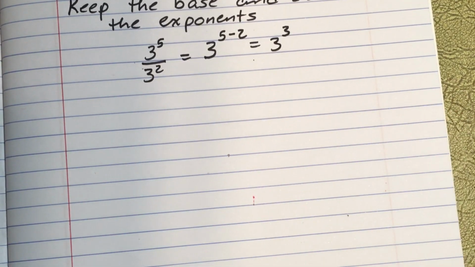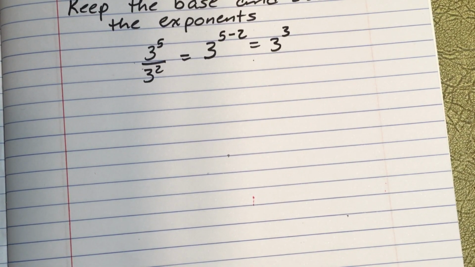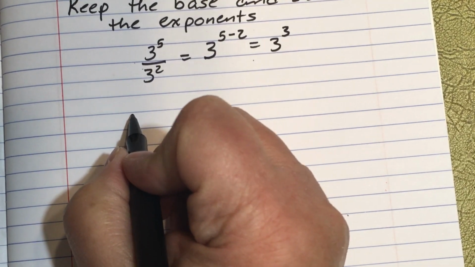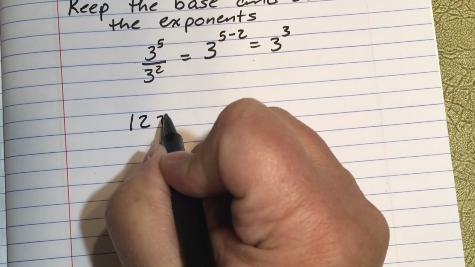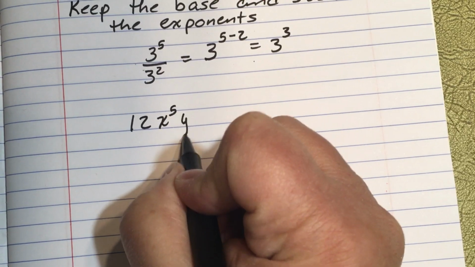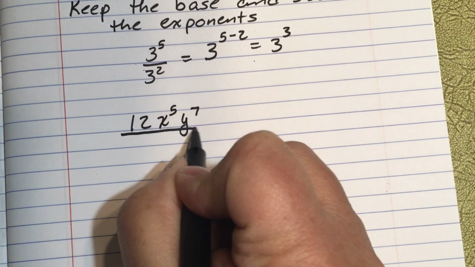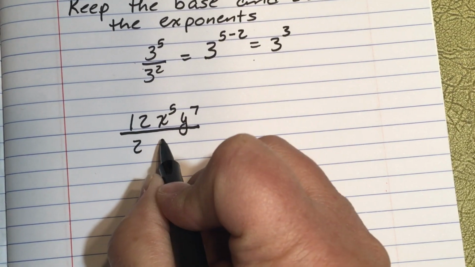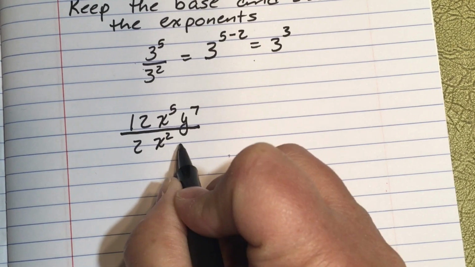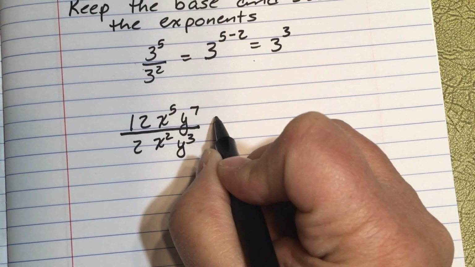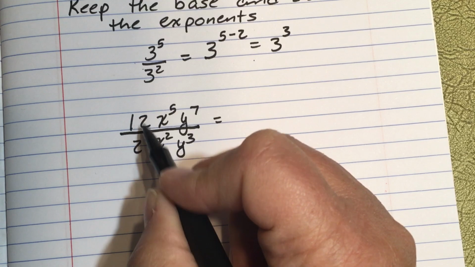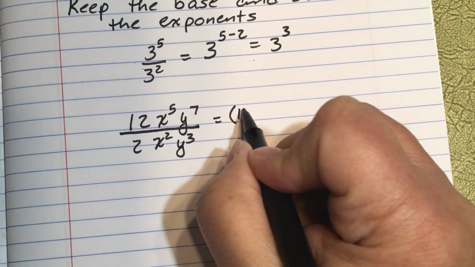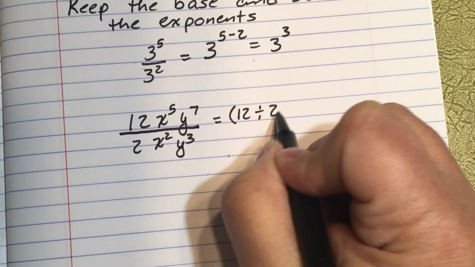So if I have an example like 12 x to the 5th, y to the 7th, all divided by 2 x squared y to the 3rd, that's going to be equal, well, first I'm going to divide the numbers. I'm going to do 12 divided by 2.